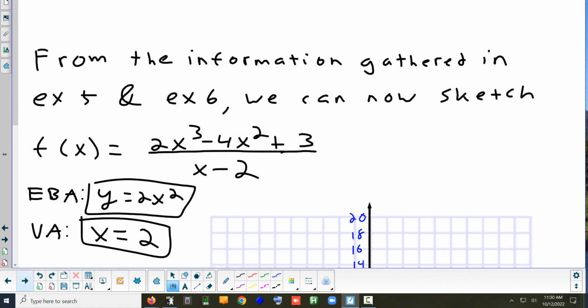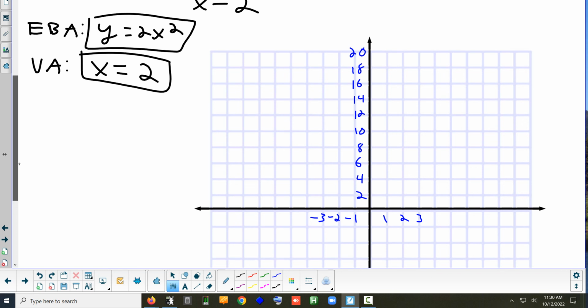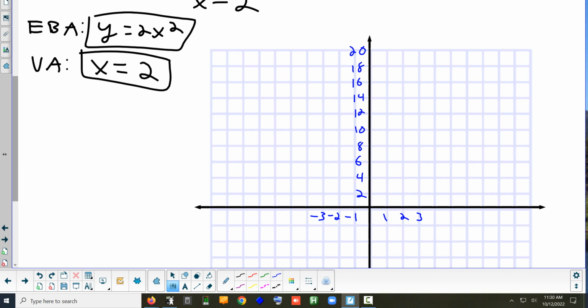Okay, so let's sketch the parabola 2x squared. If you plug in 0 for x, what do you get for y? 0. So we've got the point 0, 0. What if you plug in 1 for x? 2. What if you plug in negative 1? 2. It's going to be symmetrical. Negative 1, 2.